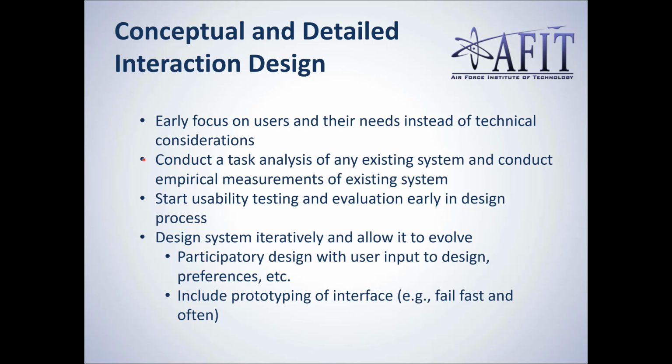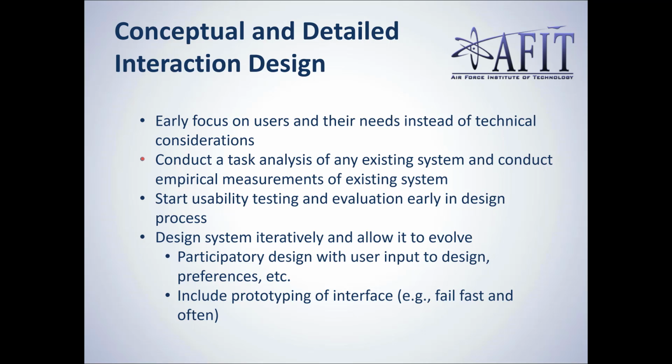Oftentimes, as we're doing this process, we're going to see that there is an existing system. There's some way that the users are performing some task, and what we're trying to do is design a system to make them more effective or efficient in performing that task or that set of tasks. And so oftentimes in our design process, we're going to begin by looking at the existing system that's out there, and we might conduct a task analysis of that system, as we try to determine what are all the tasks that the human is trying to do with this system, or that they're required to do with this system.